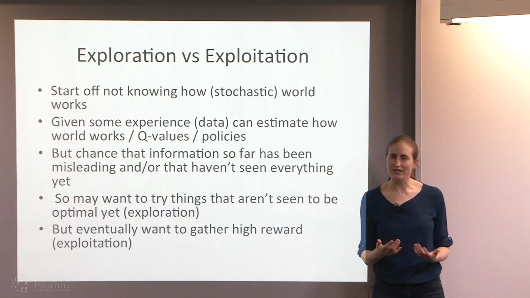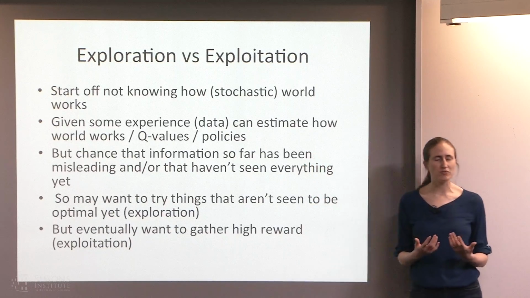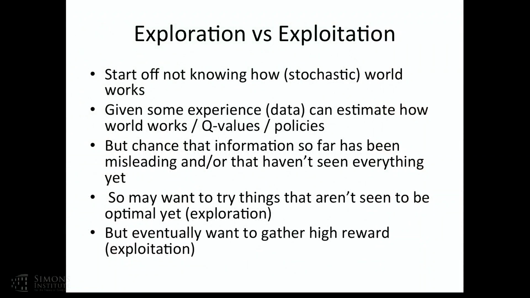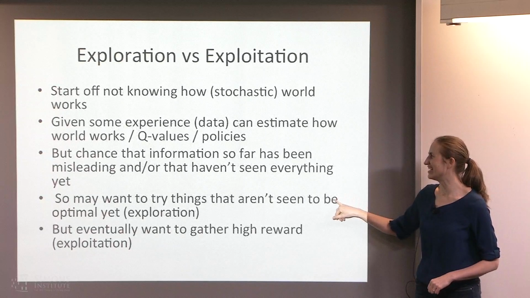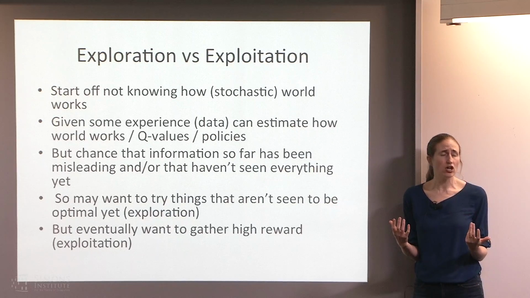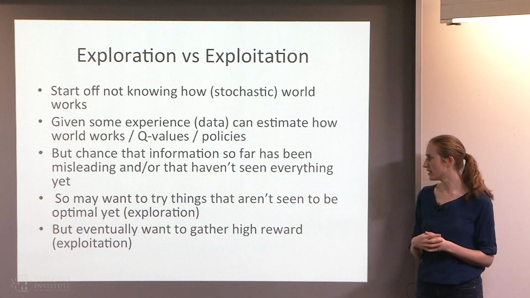Given some data, I said we could compute these Q values, and from the Q values we could extract a policy. And this would say, go to the airport 3 hours early. But you might want to try going to the airport half an hour early, and then see how that goes. I'm going to talk more about that particular example later. But the idea here is that you can try things that you've never tried or haven't tried very much to learn better about how the world works.